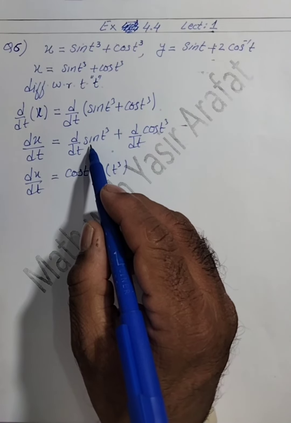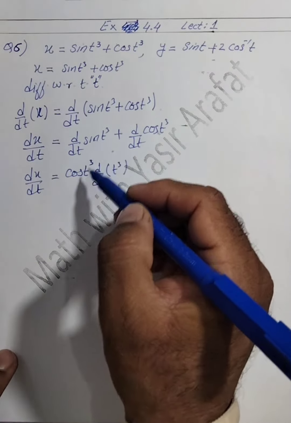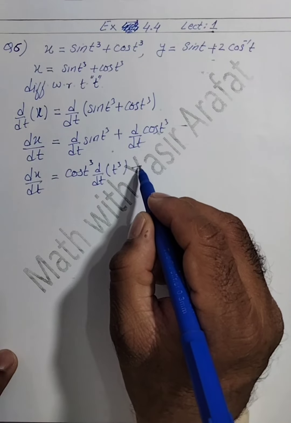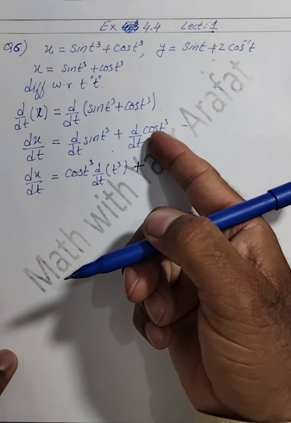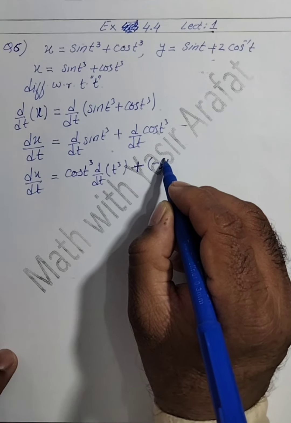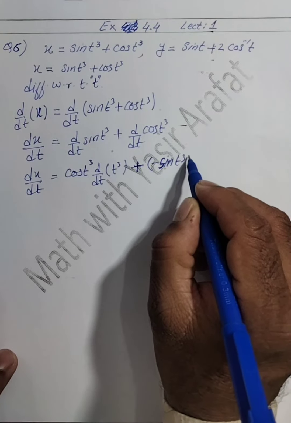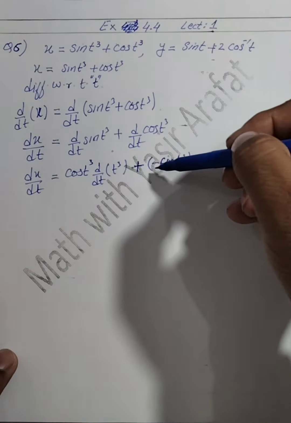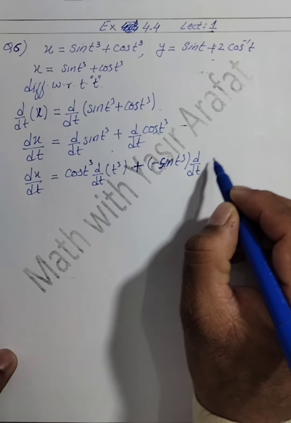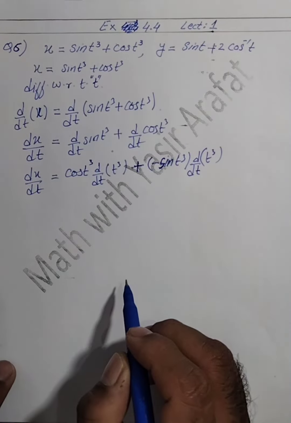So first we have to find the derivative of the function. The function is sine. The derivative of sine is cos with the given angle, and then we have to find the derivative of the angle there. Now come to this one. The derivative of cos is minus sine with the same angle, and then we have to find the derivative of its angle, and the angle is t cube.